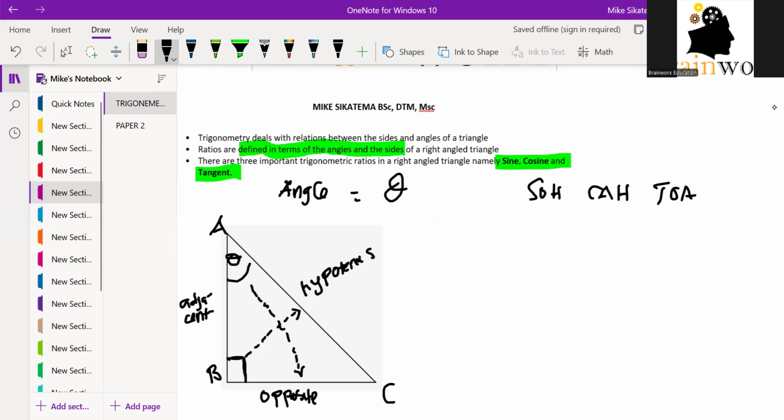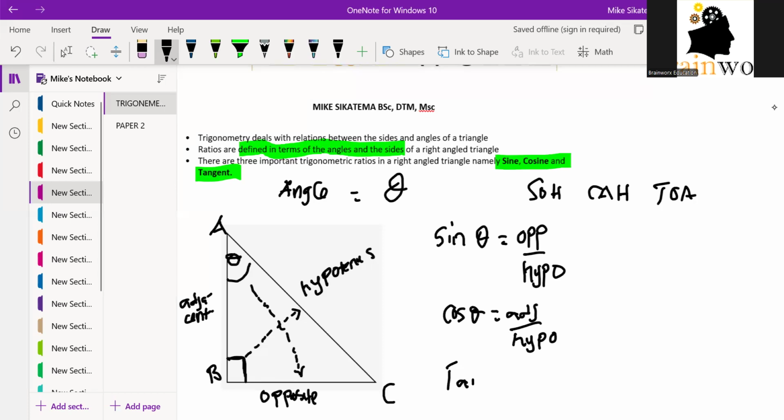So the first one will be sine theta will be our opposite over hypotenuse. Our cosine theta will be adjacent over hypotenuse. And our tan theta will be our opposite over adjacent, like that.